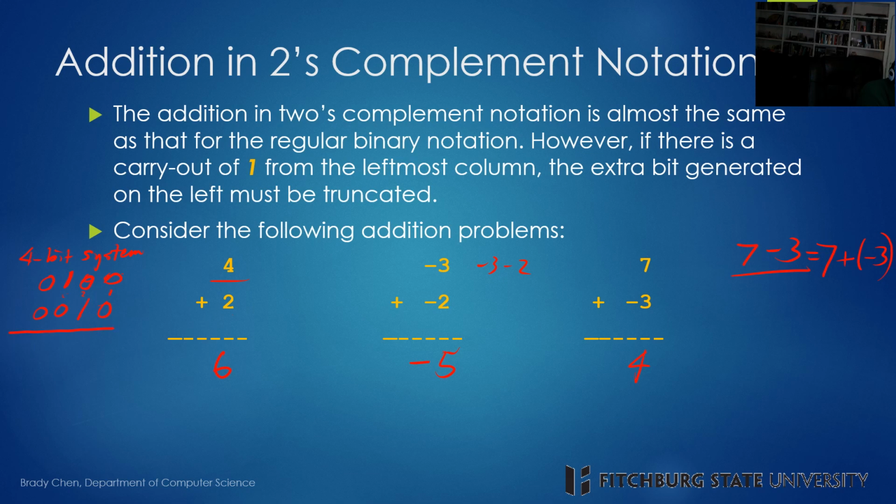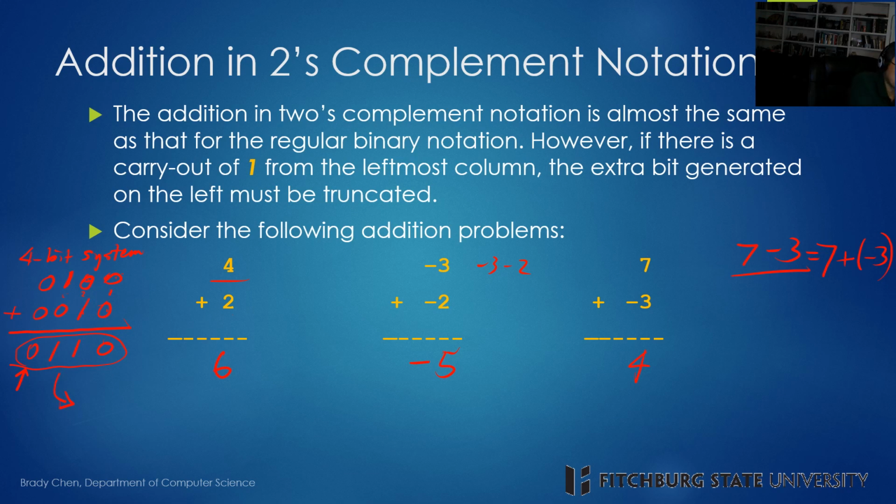Then we can add these two numbers. 0 plus 0 is 0. 0 plus 1 is 1. 1, 1, 0. So that's the result. The result shows a couple of things. One, the most significant bit is 0, so that means the result is positive.